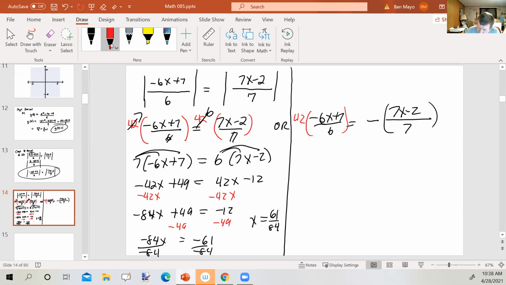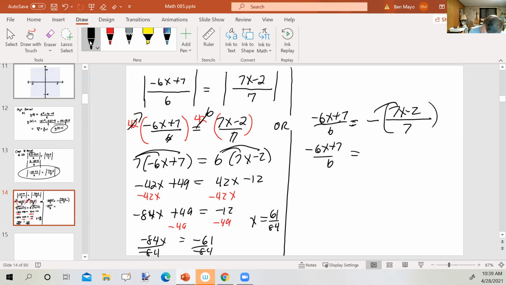I could distribute it or leave it outside, but I need to be careful with how I do it. I think I'm going to distribute it. So in fact, I'm going to go back for a minute and rewrite this. So negative 6x plus 7 over 6 equals negative 7x plus 2 over 7.